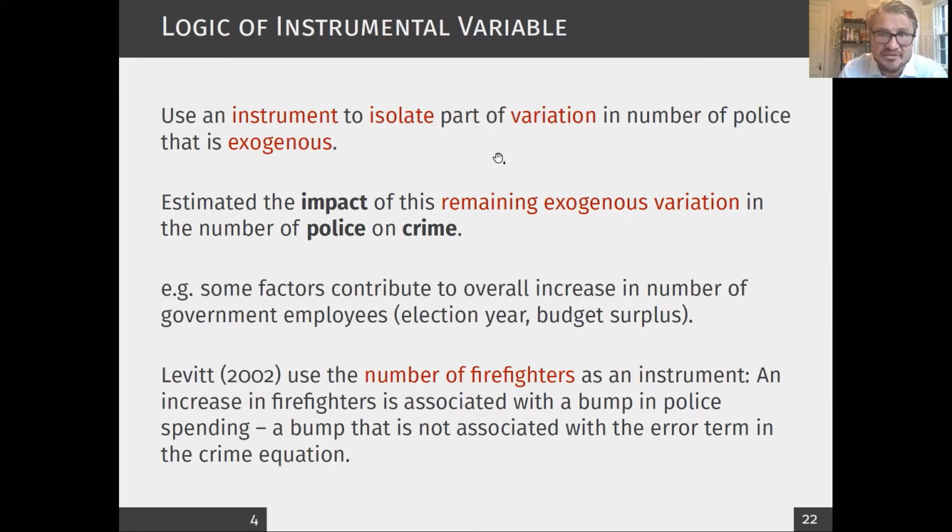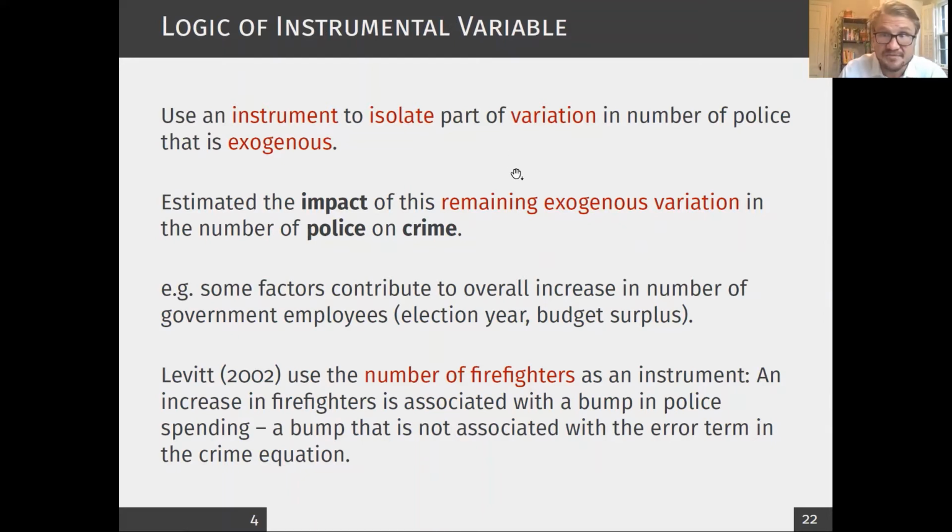The idea is that there could be some factors that also contribute to the overall increase in the number of government employees, maybe employing more people in an election year or a budget surplus, and that's completely unrelated to the crime rate. So the factors that cause an increase in the number of police are actually exogenous.